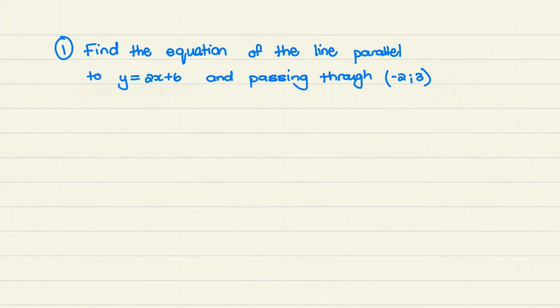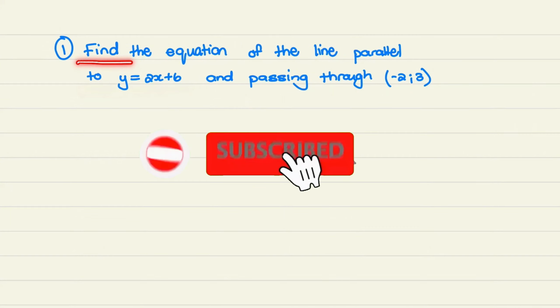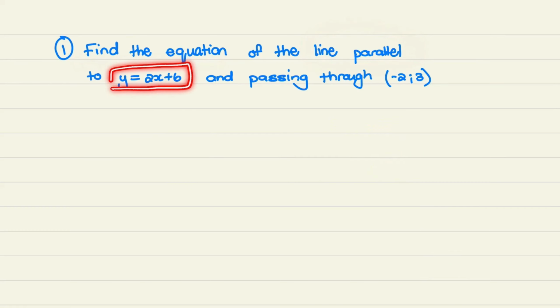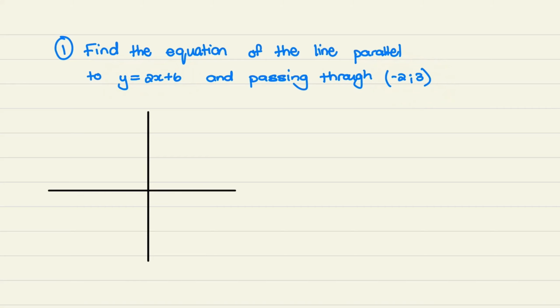Now moving on to today's example. We are going to find the equation of a line which is parallel to the equation y = 2x + 6 and passing through the point (-2, 3). We are going to solve it algebraically, but let me quickly illustrate what we're going to do.